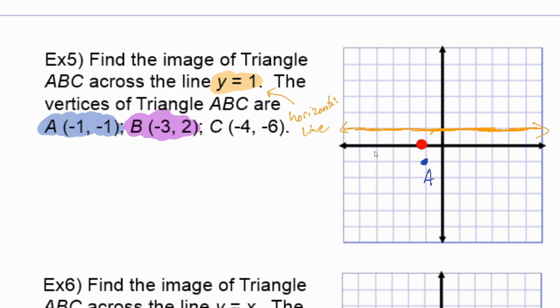So I'm going to go left 1, 2, 3, up 1, 2. So B should be right there. And then we'll do C in green, -4, -6. So if we go left 1, 2, 3, 4, down 1, 2, 3, 4, 5, 6, C should be down right there.